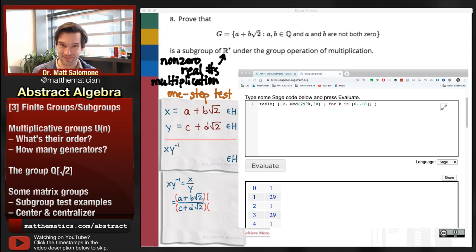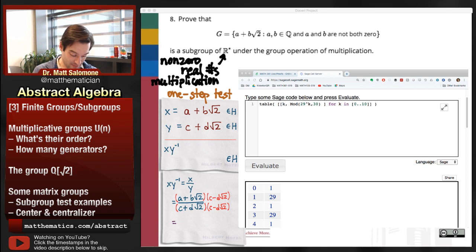How do you rationalize the denominator? You multiply by what we often call its conjugate. The conjugate of C plus D radical 2 is C minus D radical 2. That turns out to be exactly the tool that we need to do this computation.